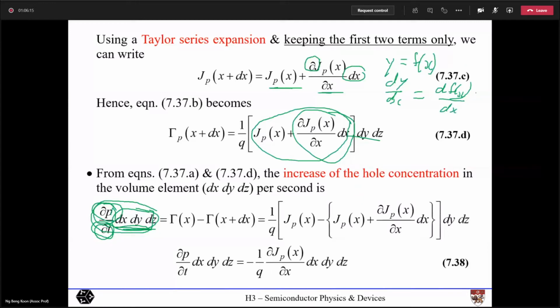Now in the case of a function with multiple variables, like the current density here, it no longer depends just on x.